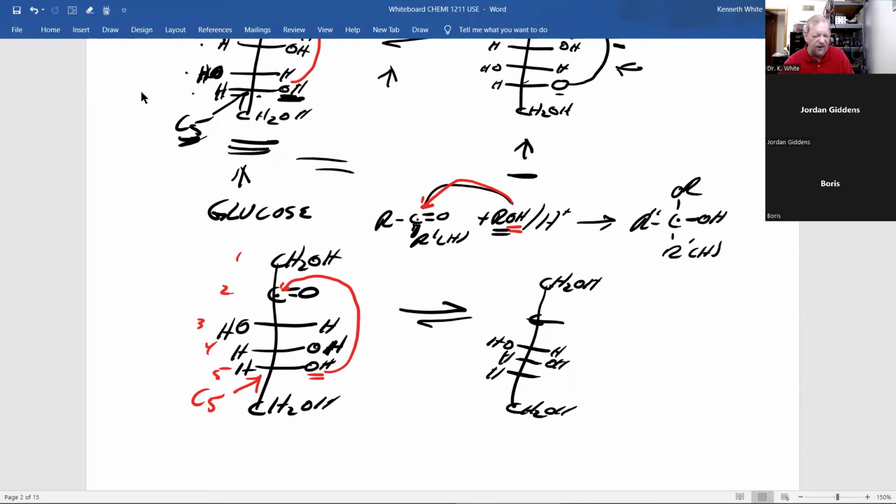Now this is this carbon right here, and notice it will be this carbon right here. So it has a hydroxyl group and it's bonded to the oxygen that's on this carbon. And that's how you draw that ring.